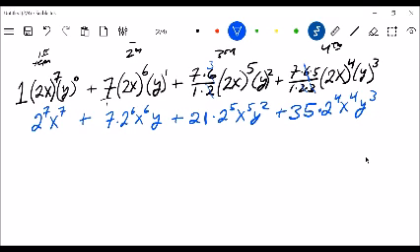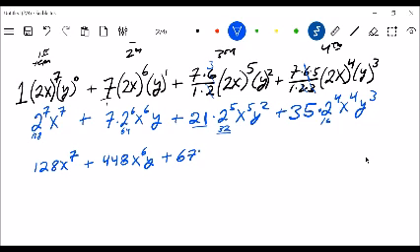And first, I'll point out that 2 to the 7th is 128, 2 to the 6th is 64, 2 to the 5th is 32, 2 to the 4th is 16. So here we have 128 x to the 7th. This is going to be 7 times 64, which is 448 x to the 6th y. 32 times 21 is 672 x to the 5th and y to the 2nd to finish that one.